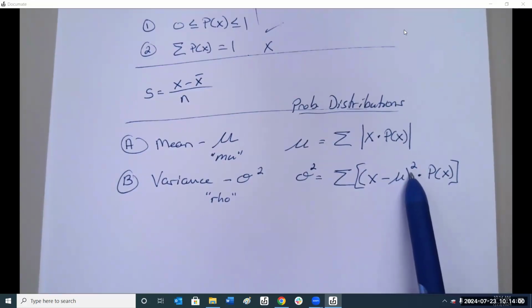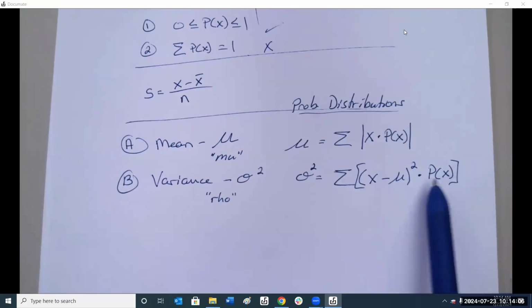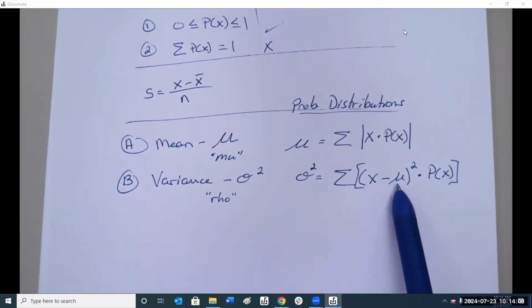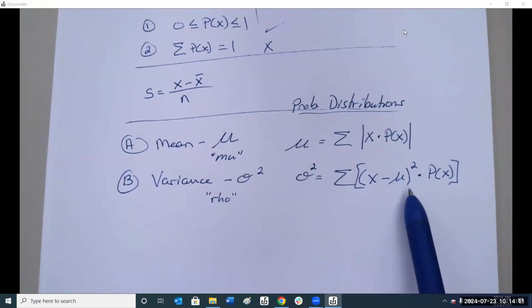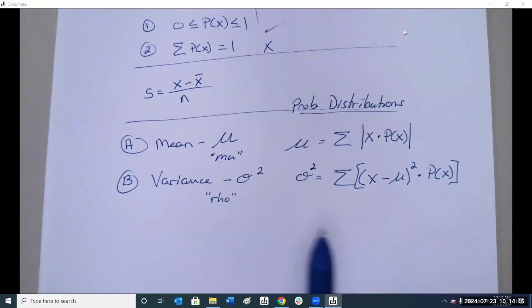When you square it, that gets rid of the negatives. The probabilities can never be negative. Remember, they have to be between 0 and 1. So the only way it could be negative is if the value is to the left of the mean. When we square it, we get rid of the negatives, which is why it's rho squared.